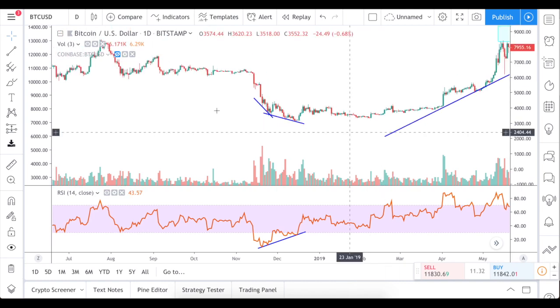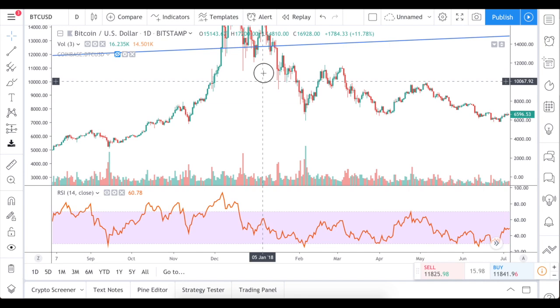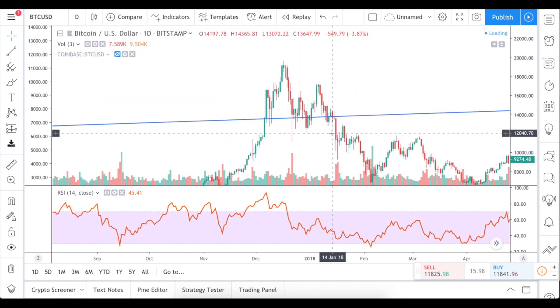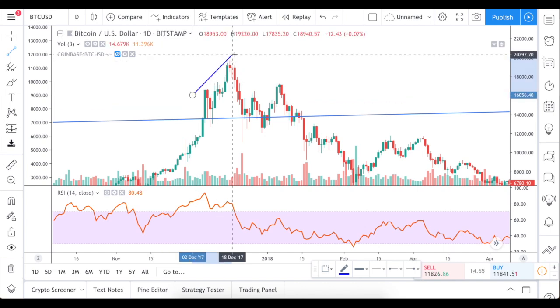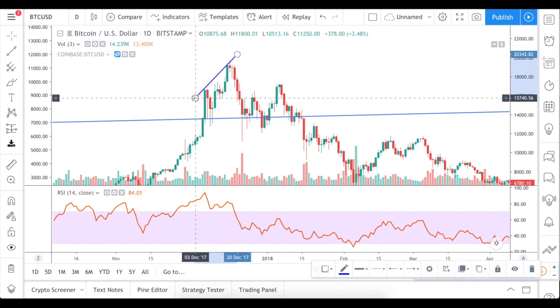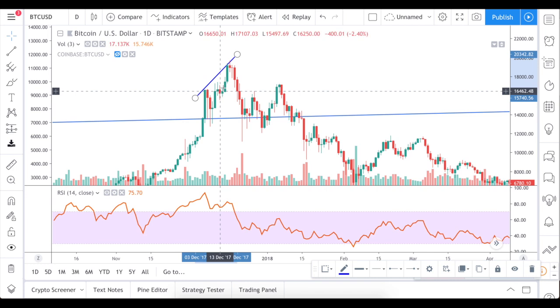All right, let's look at the top of the previous bull market and see if there is any bearish divergence out there. Okay, so let's look at these two major highs. In fact, as I said, you probably would have to include this one, but here is the tricky thing to define whether it is a high or not.